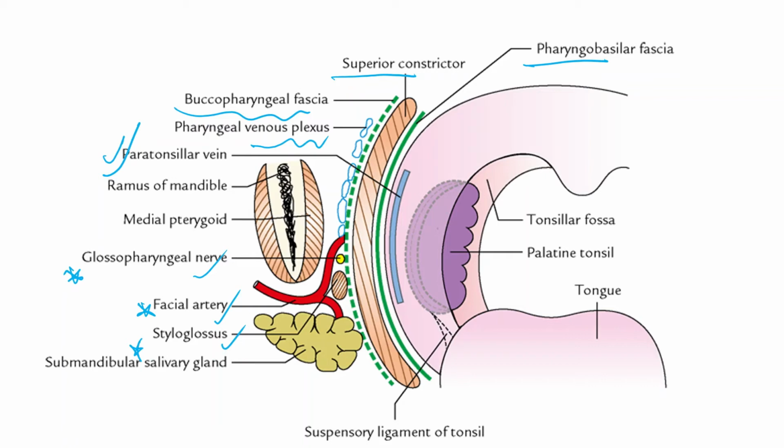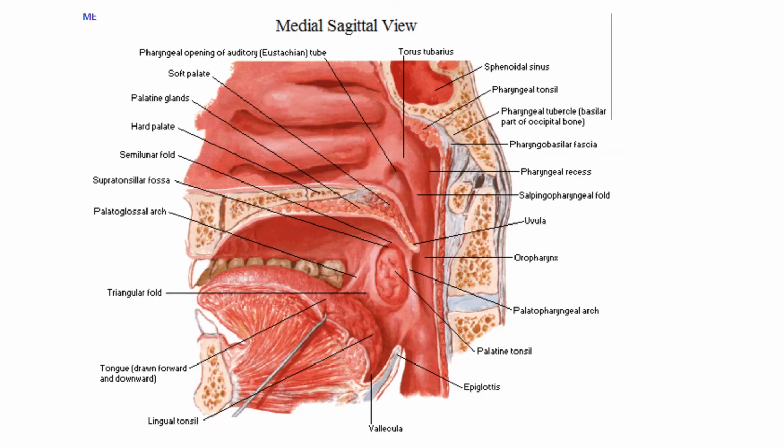The medial surface, as such, is free and is not related to any structures as it is facing the oropharynx. The lateral surface is related to the structures making up the tonsillar bed. Moving on to the borders of the palatine tonsil, it has an anterior border and a posterior border.